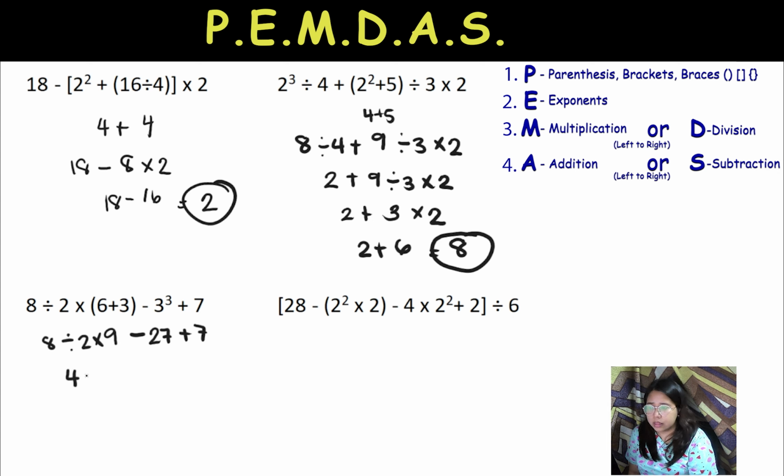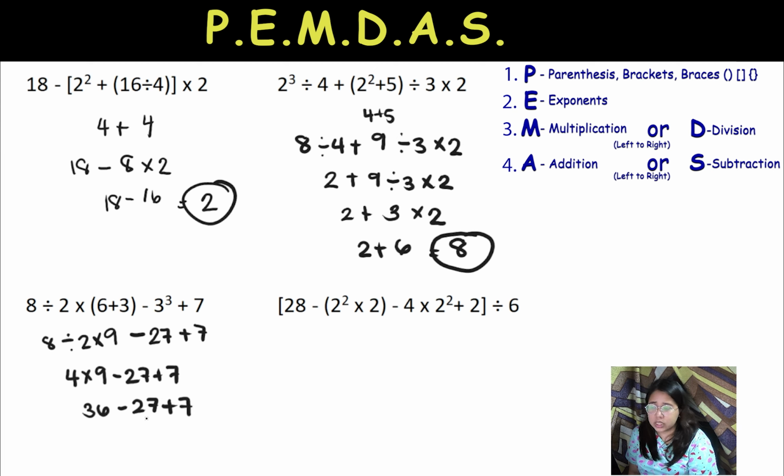Okay? And then, copy natin the rest of the equation. So, 4 times 9 minus 27 plus 7. Okay. So, in this case, meron pa tayong multiplication. So, solve naman natin yung multiplication natin. So, 4 times 9, that is 36. Then, copy the rest of the equation.